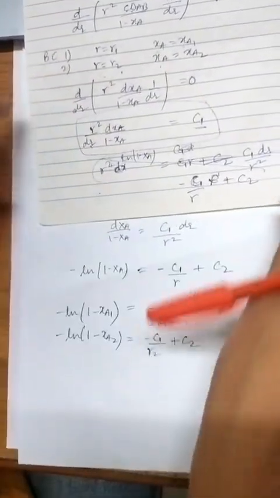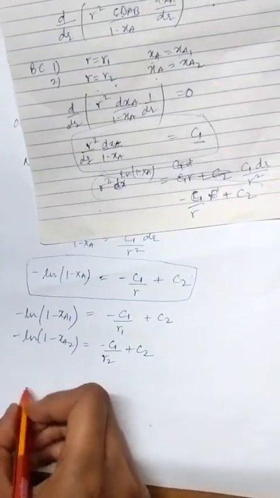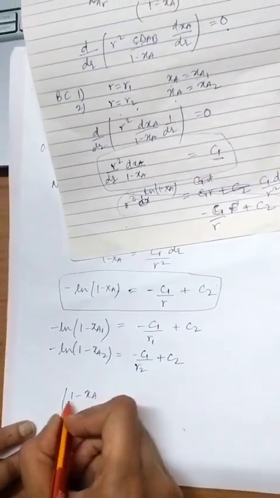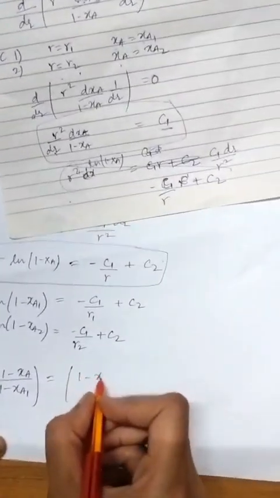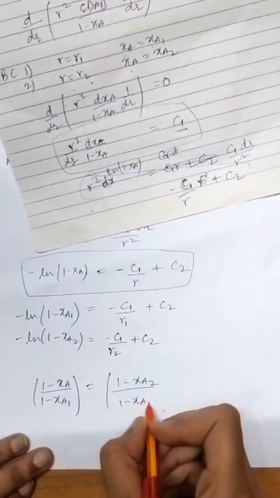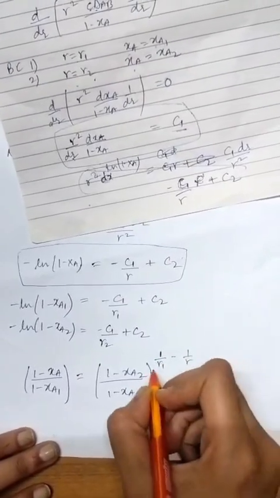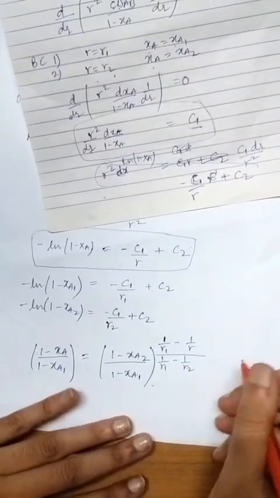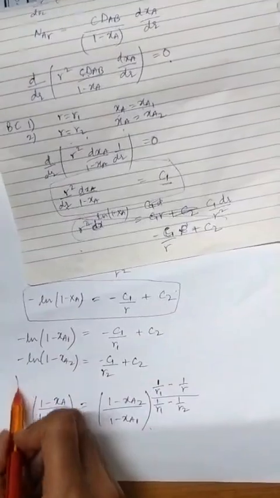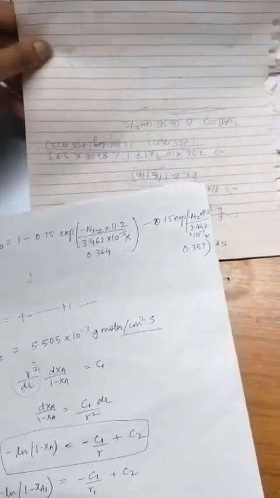So solving both and getting the values of C1 and C2 and substituting them in this equation, the final equation we get is 1 minus XA upon 1 minus XA1 is equal to 1 minus XA2 upon 1 minus XA1, whole power 1 upon r1 minus 1 upon r, under 1 upon r1 minus 1 upon r2.